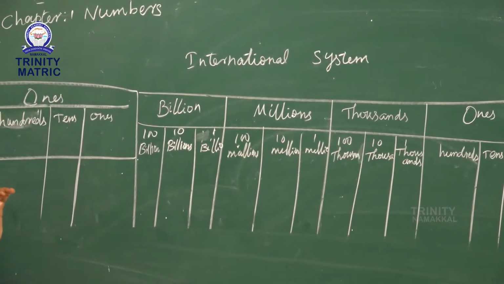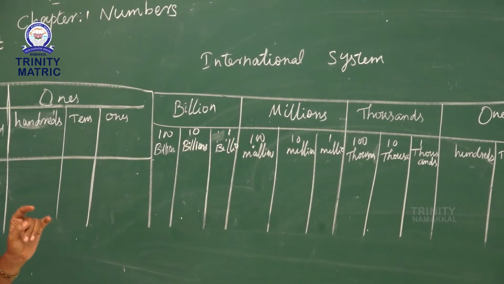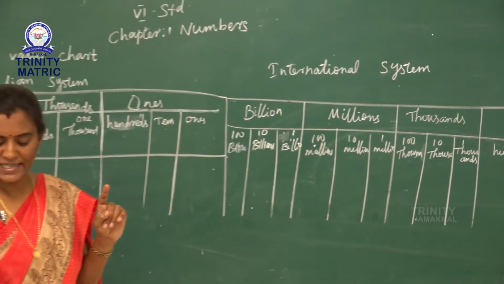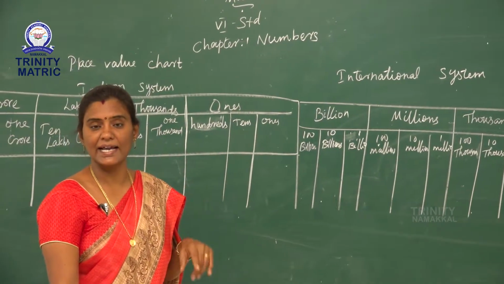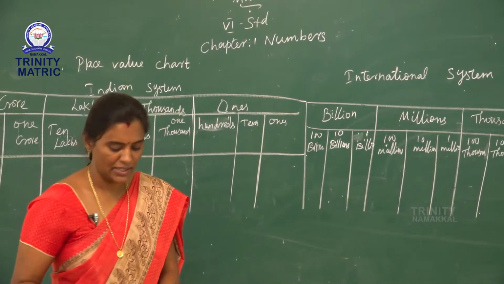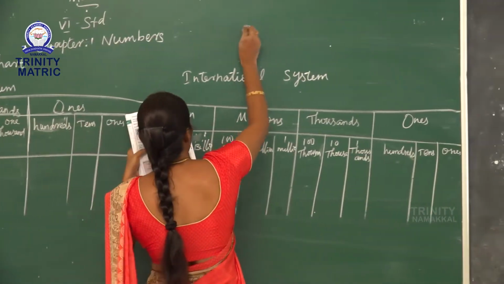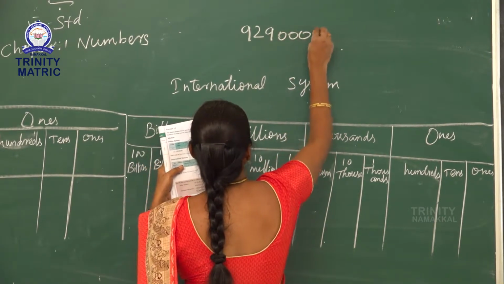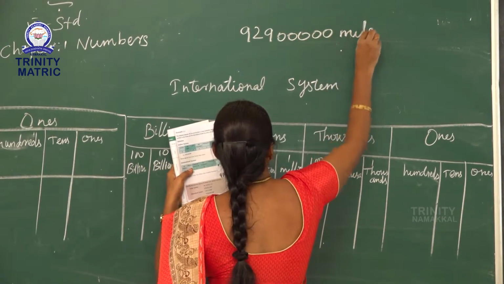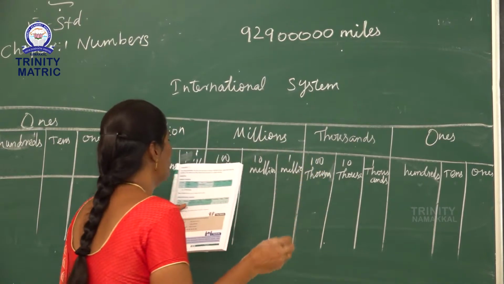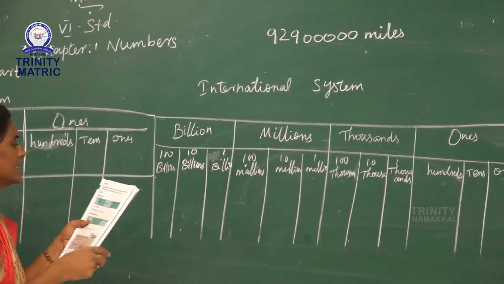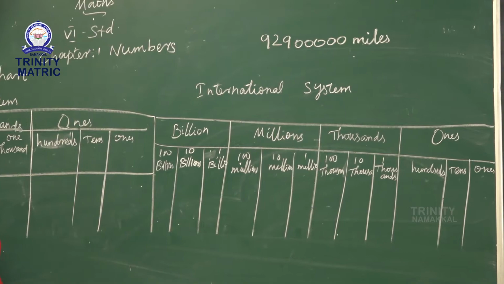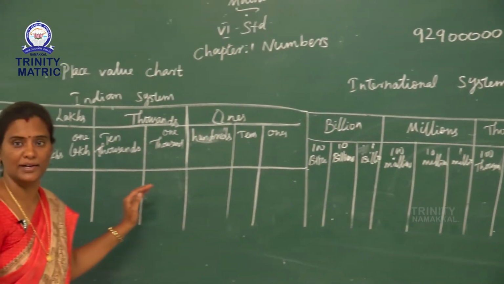See one example. The distance between the sun and the earth is about, here the number is given, 92,950 miles. Now read and write the number in the Indian and international systems by using commas.